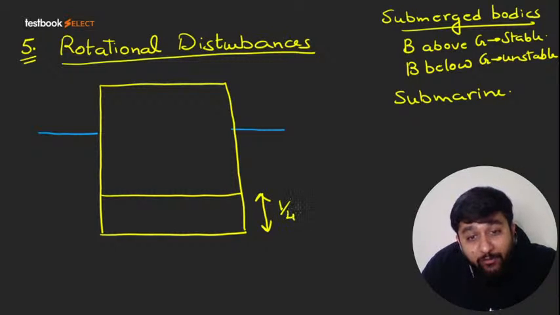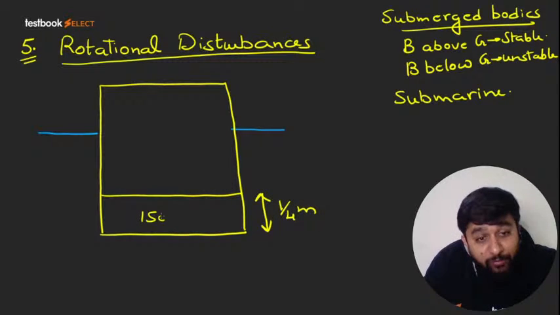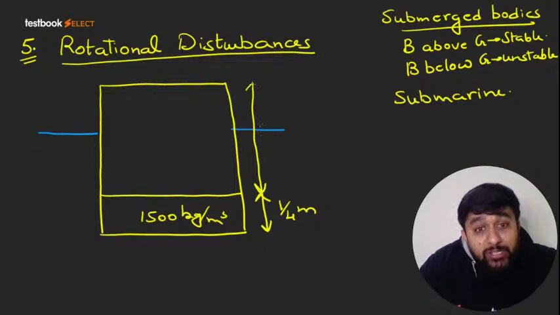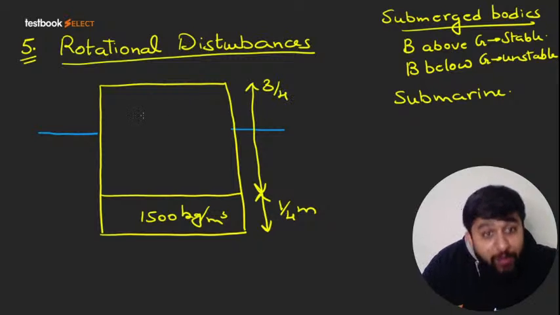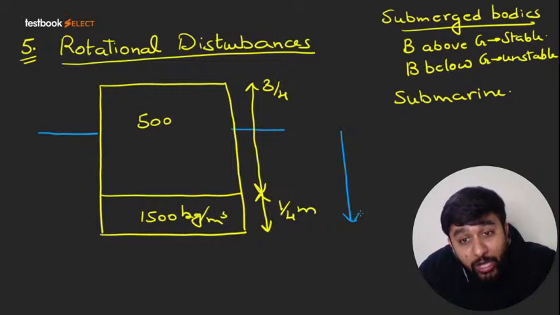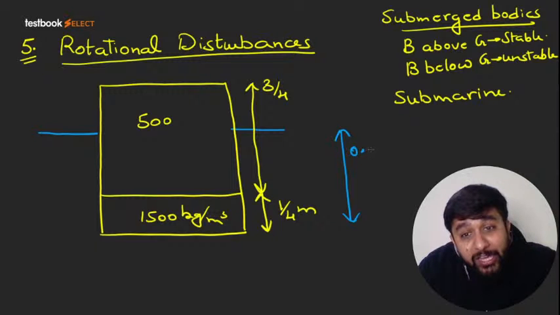So this 1/4 meters is made of 1500 kg per meter cube, and the upper 3/4 meters is made of 500 kg per meter cube. And the depth of the body inside water is 0.9375 meters.